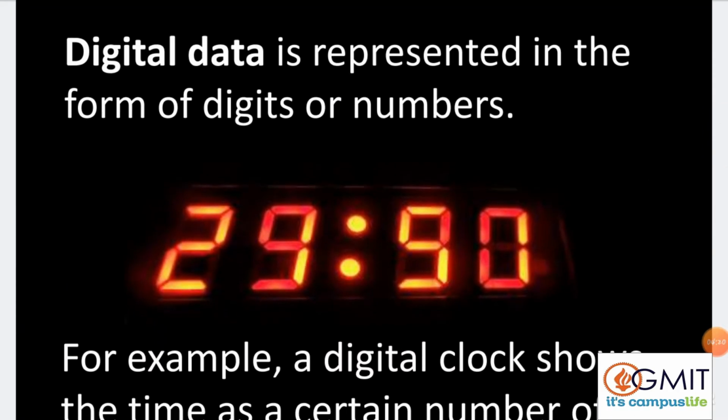Digital data is represented by a digital clock, or nowadays a digital watch or smart band on your hand. That's a good example of a digital watch, which actually represents digital data.